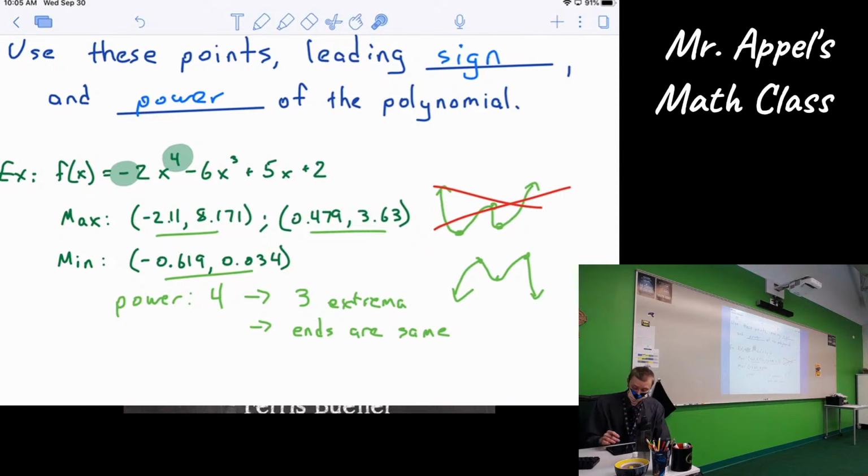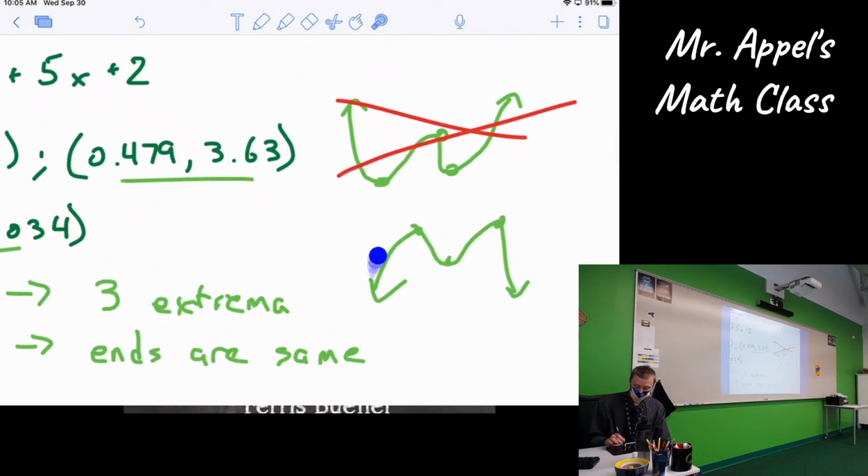Which means we know that the first section, the first region, will be increasing from left to right. It's going up. And then after that first extrema, it'll be decreasing, and then increasing, and then decreasing.